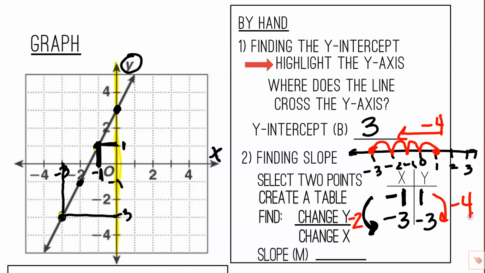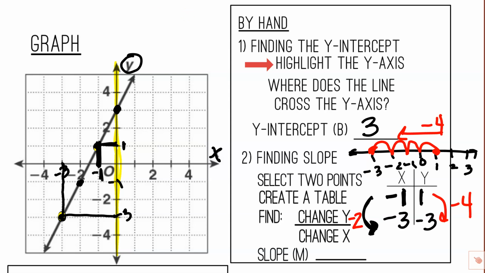So -4. So from -1 to -3, I subtracted 2, and from 1 to -3, I subtracted 4.